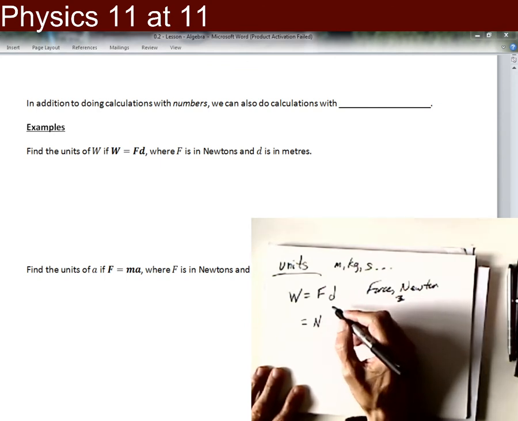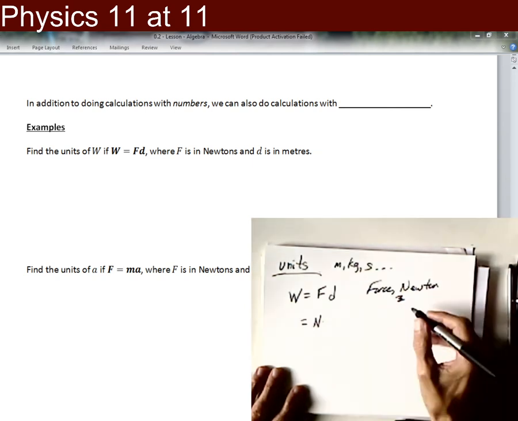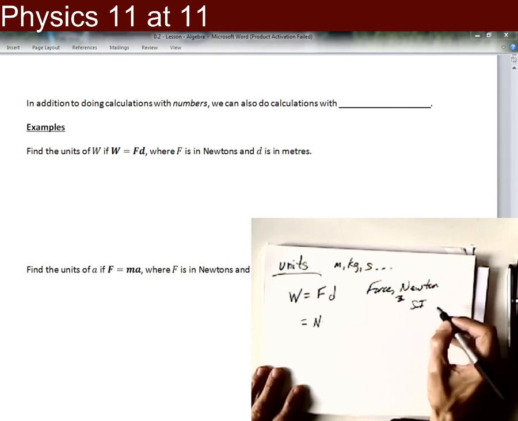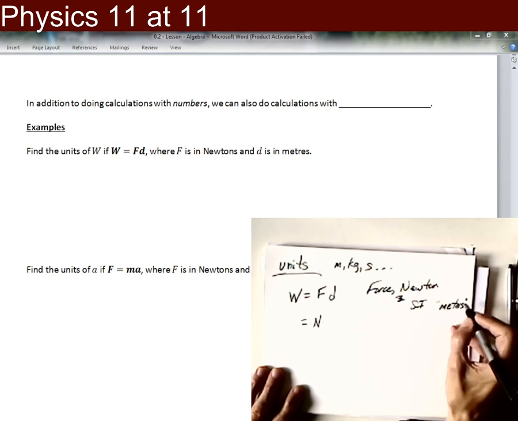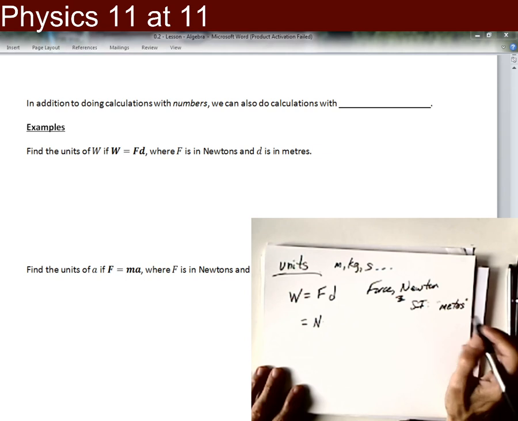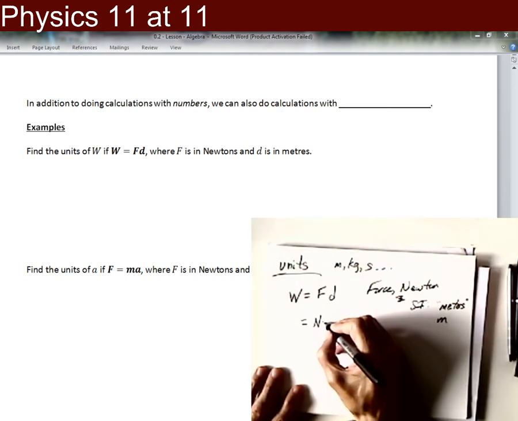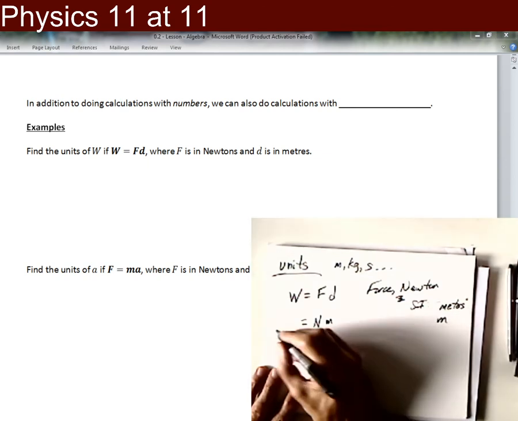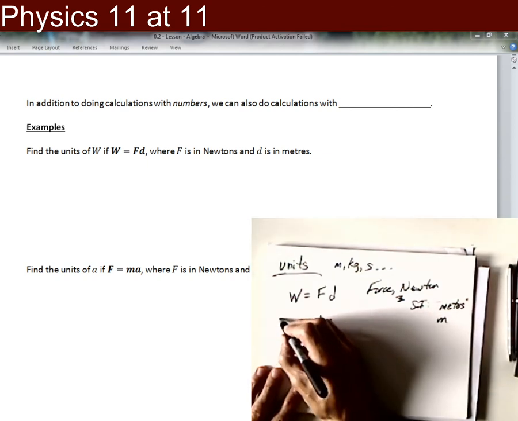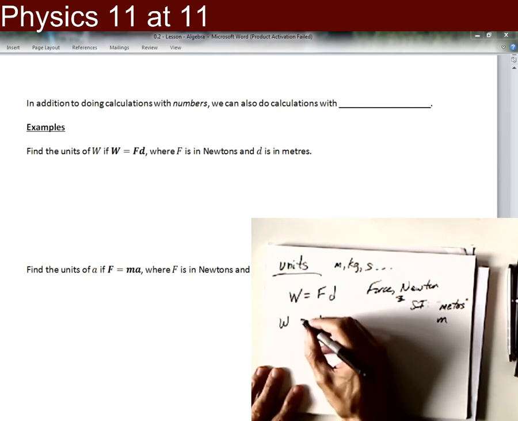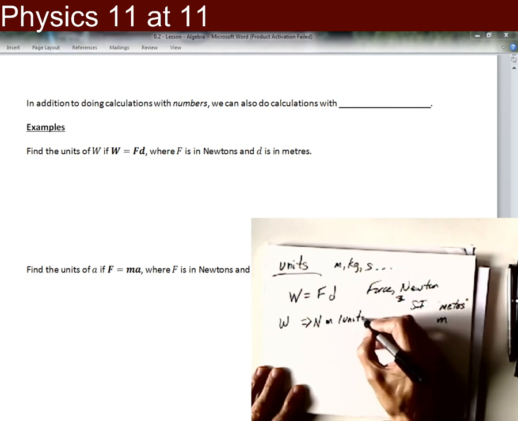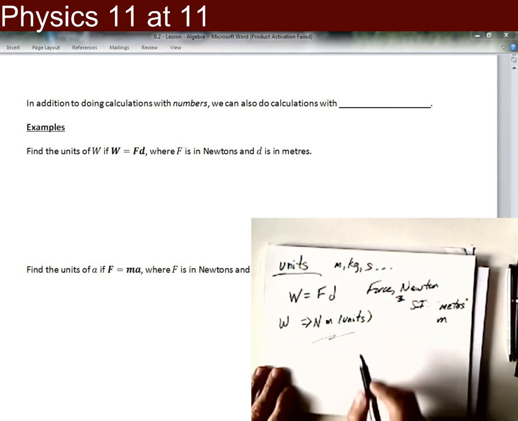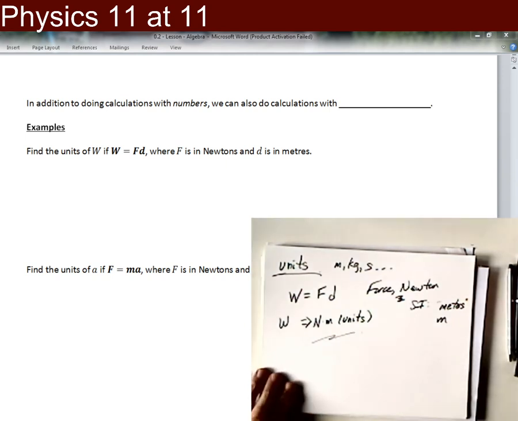D is for distance. And distance, of course, in SI, the metric system, is a measure of length, which is the meter, which has a symbol of M. So what we can say is W here, it's not equals, it's more like this, and then in brackets, units, just to show we're not reinventing the universe, not creating a formula of questionable quality.